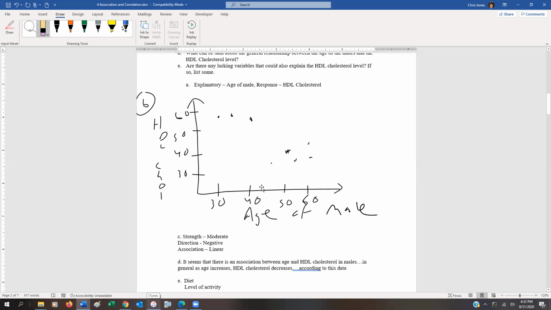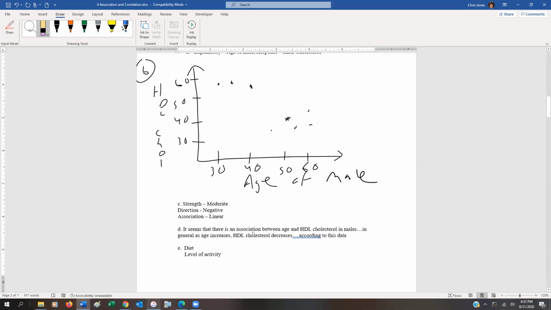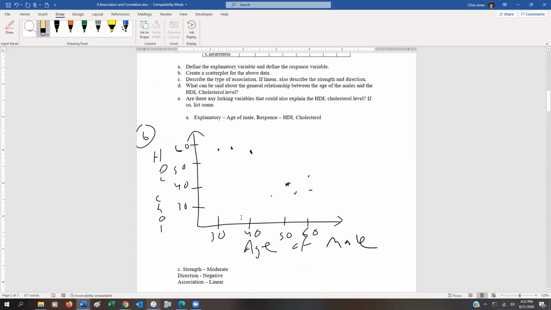We generally know as we get a little bit older, maybe our level of activity decreases, or maybe we just tend to eat a little bit worse just because we don't have time to eat right because we're stressed out or something like that. So we always have to think about these things as we're going through these types of analysis of bivariate data.